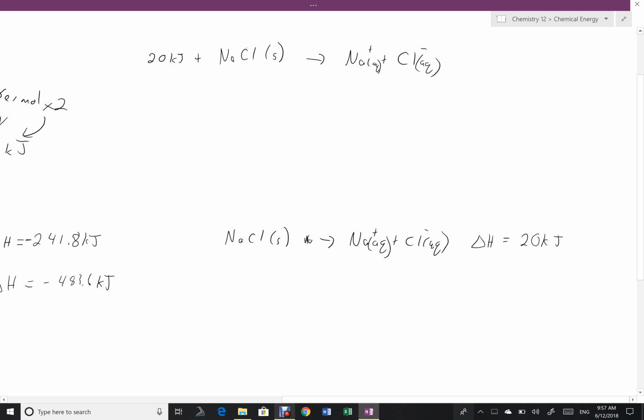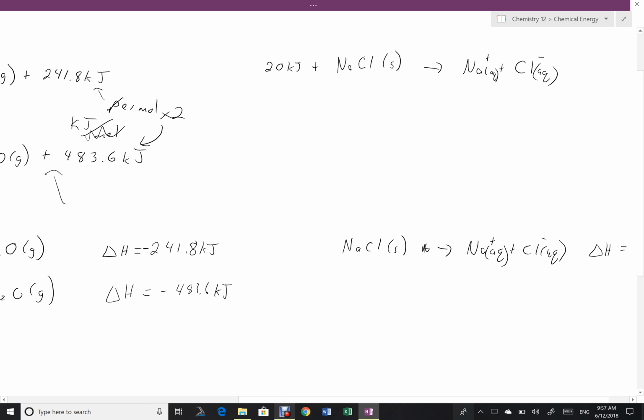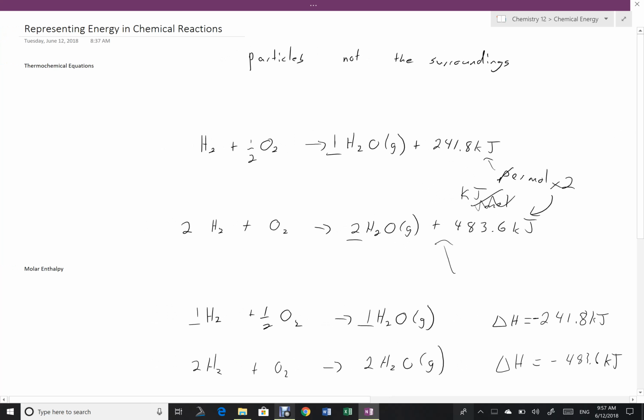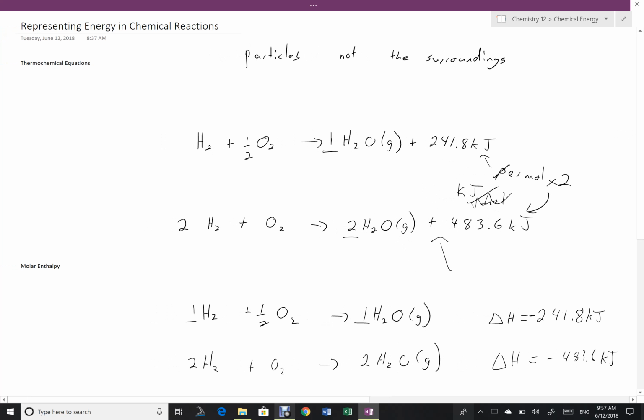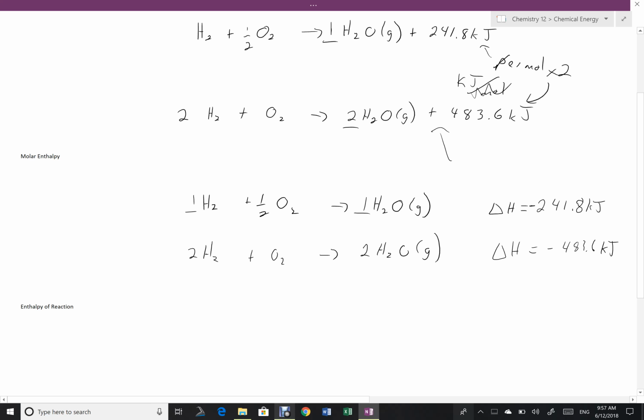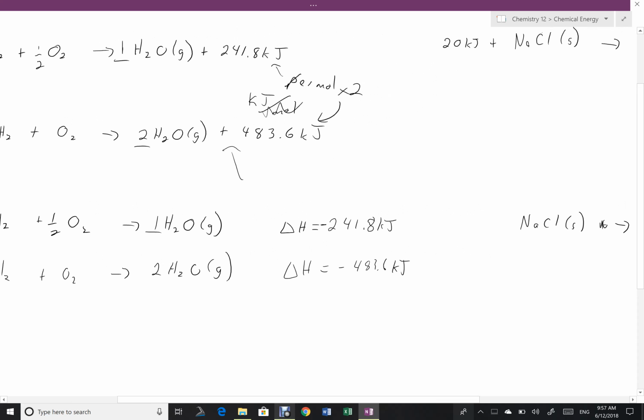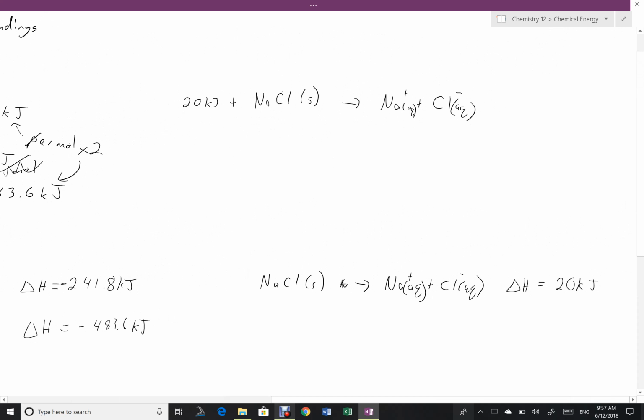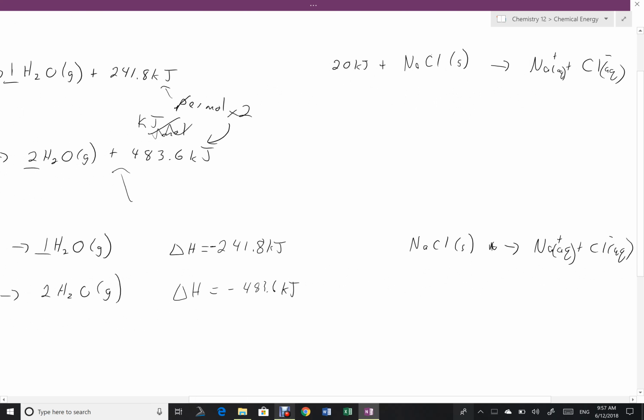So we get positive 20 kilojoules. So there's a thermochemical equation that's exothermic and a molar enthalpy stated as exothermic. And here's a thermochemical equation that's endothermic, the energy is going in, and here it is stated as a molar enthalpy.